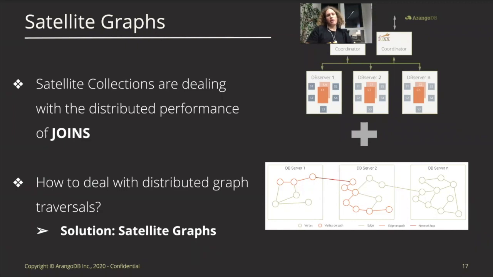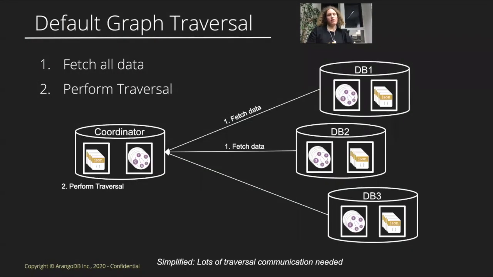And in 3.7, we are pretty much doing the same thing with graphs. So if you have a graph, or part of your graph, which is small but might reference a lot of documents, we now have the option of automatically replicating that graph across multiple nodes, and hence your traversals can also all be on a single node.